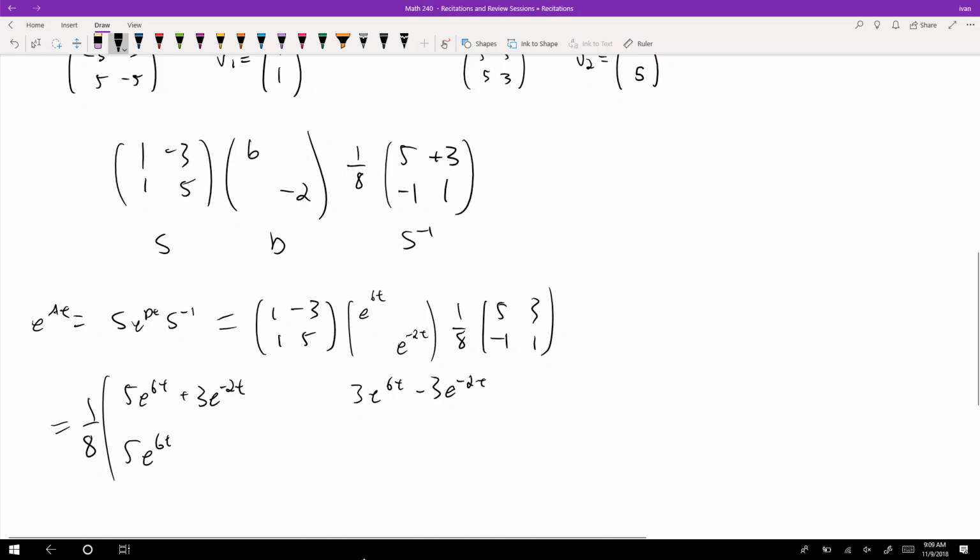Then 5e to the 6t minus 5e to the -2t, and 3e to the 6t minus 5e to the -2t. Any questions?